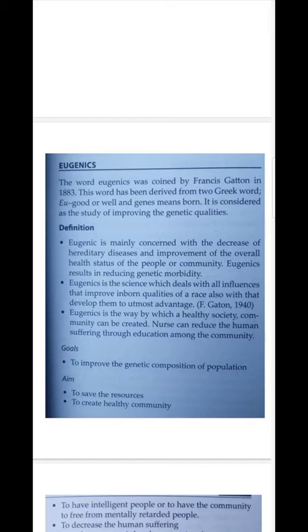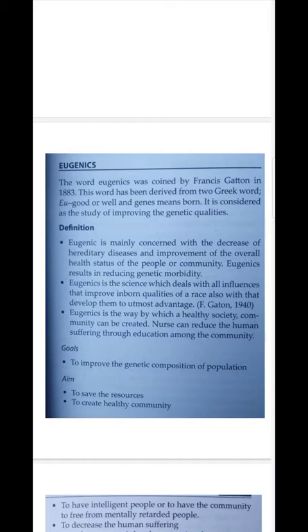This is what eugenics means. One more definition was given by Francis Galton in 1940: eugenics is the science which deals with all influences that improve the inborn qualities of a race, and also with those that develop them to utmost advantage. Here, Francis Galton said eugenics means improving the inborn qualities of the human race.